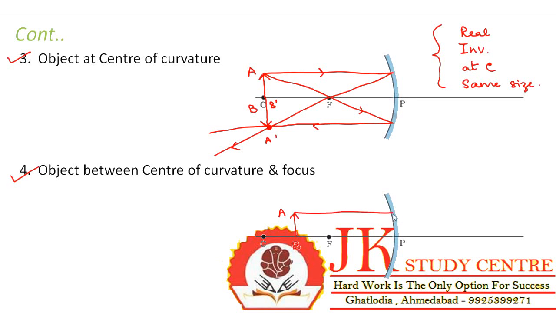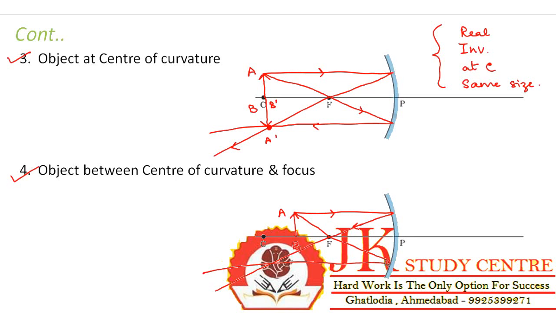A ray of light parallel to principal axis after reflection passes through the principal focus. Right? Another ray of light passes through principal focus and after reflection goes parallel to the principal axis.